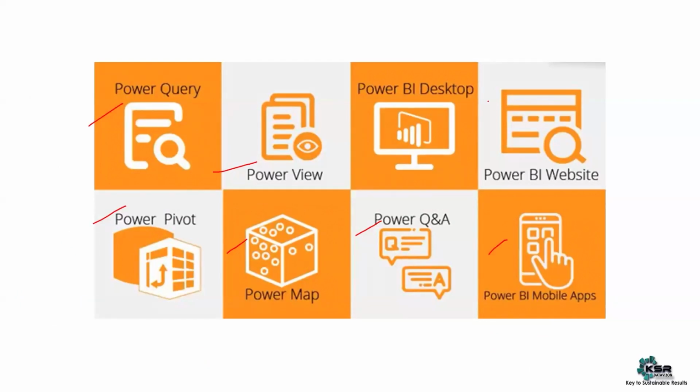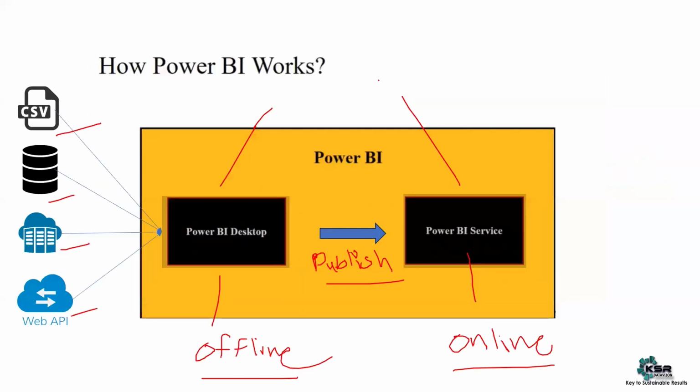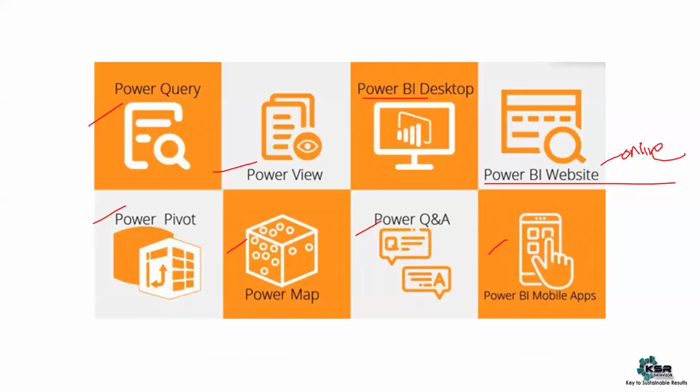Power BI Desktop is a combination of all these components, and once the report is developed, you have to publish it to the Power BI website. This is the online component, and these are all the offline components which are part and parcel of Power BI Desktop as a single service.